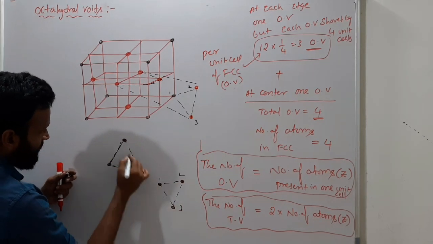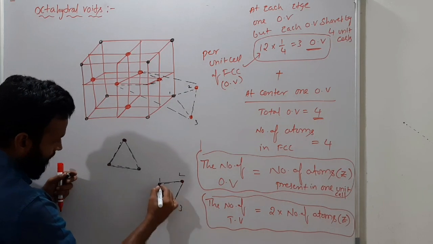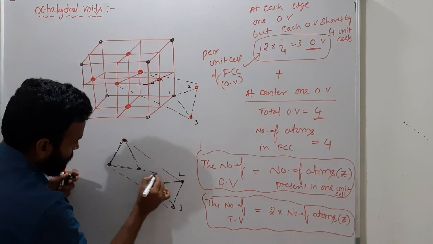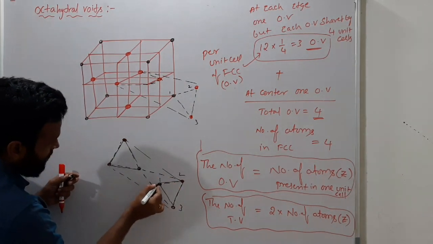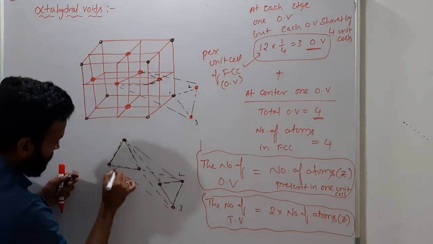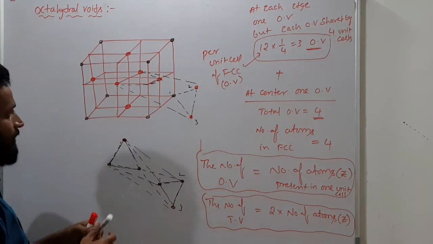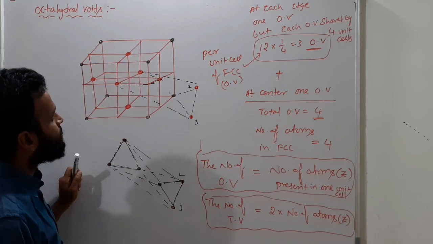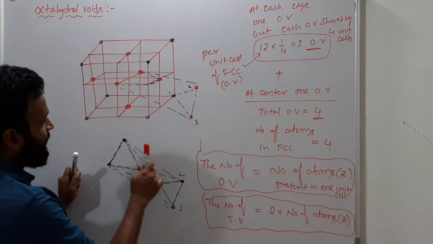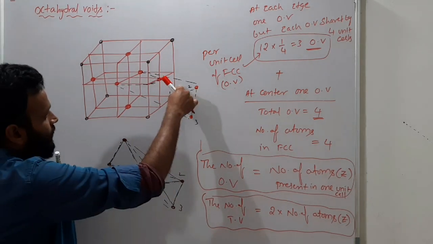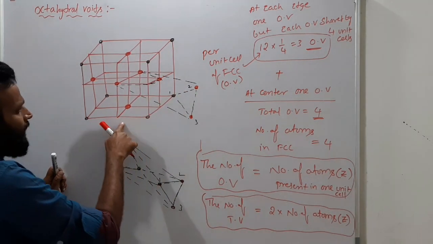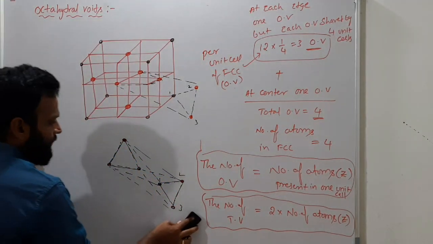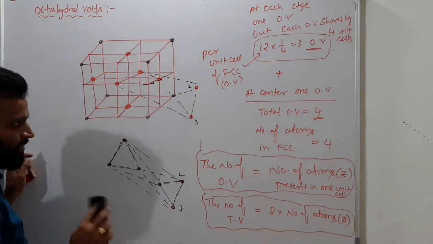Otherwise you just combine like this. Now combine like this, and this to this opposite. This to this, this to this. That means at every edge you are having 1 octahedral void. Here 1 octahedral void, here 1 octahedral void. In this way every edge has 1 octahedral void. So in this way you have what an octahedral void is.